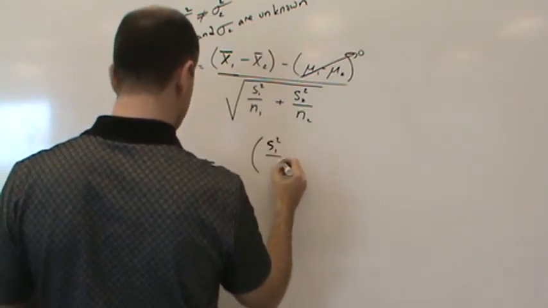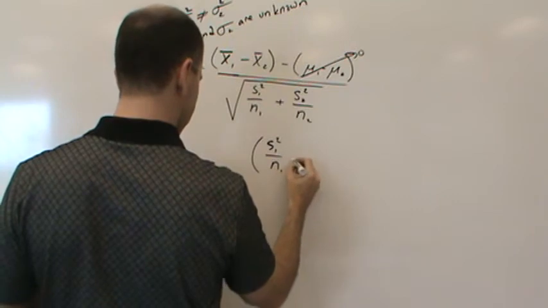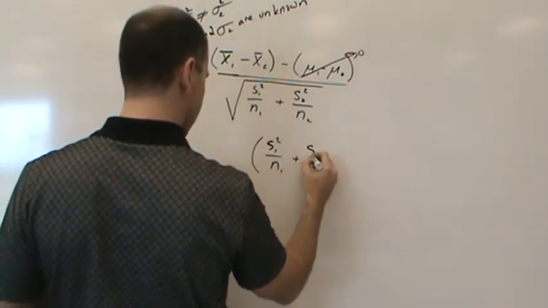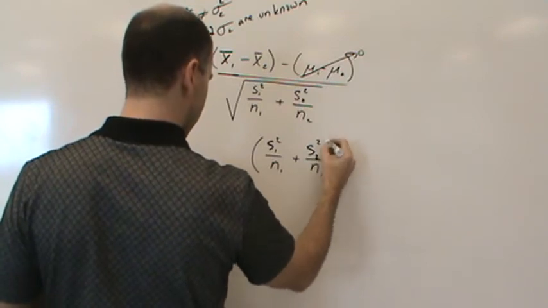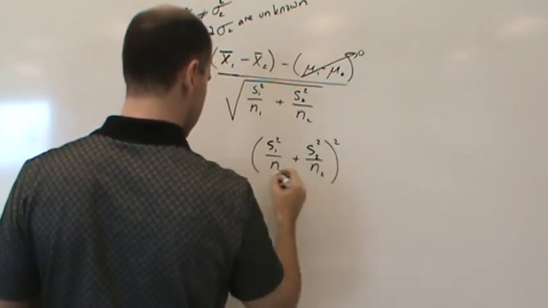It's going to be s1 squared over n1 plus s2 squared over n2, and we're going to take that quantity and square it.